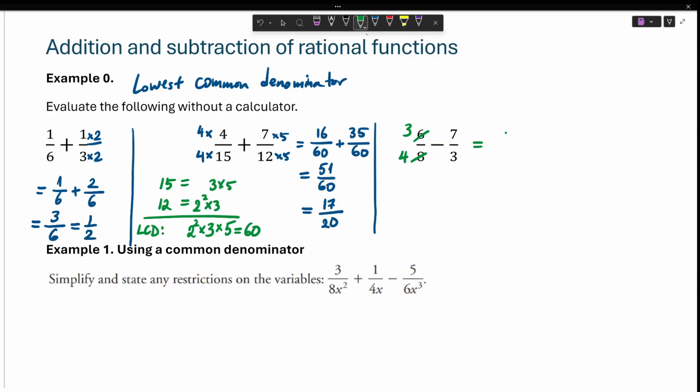So we're going to say this is 3/4 minus 7/3, and then we're going to make these the same denominator. We're going to get 9 minus 28 over 12. That's going to be a negative fraction. That's going to be negative 19 over 12.